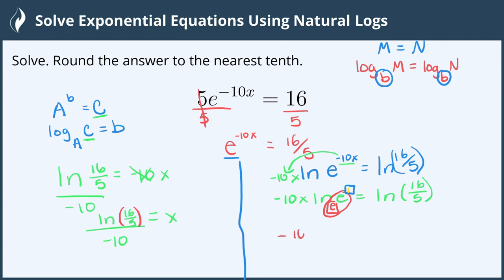So we have negative 10 times x times 1, and negative 10x times 1 is just negative 10x. So we get negative 10x equals the ln of 16 fifths, and then we will divide both sides by negative 10 to solve for x. And you'll see we have the exact same thing no matter which way we solve the equation.